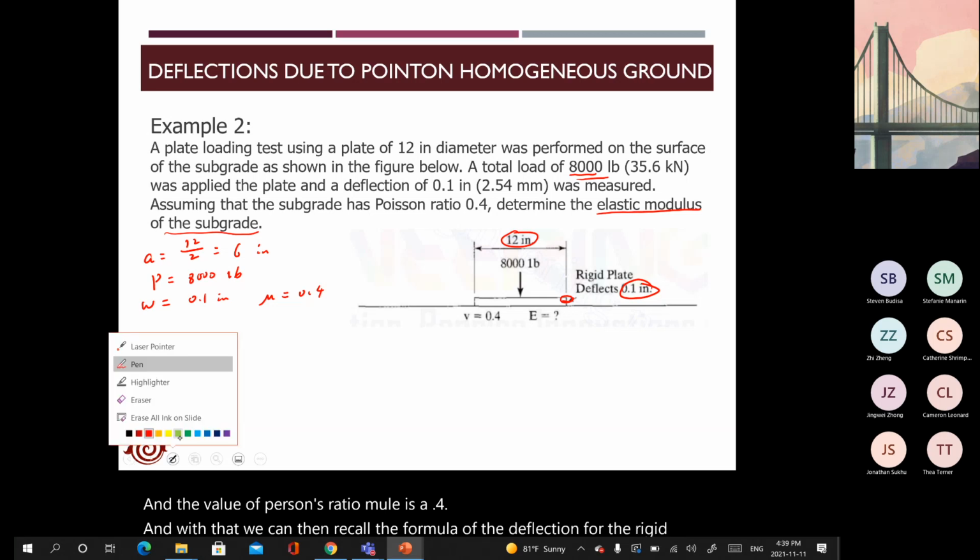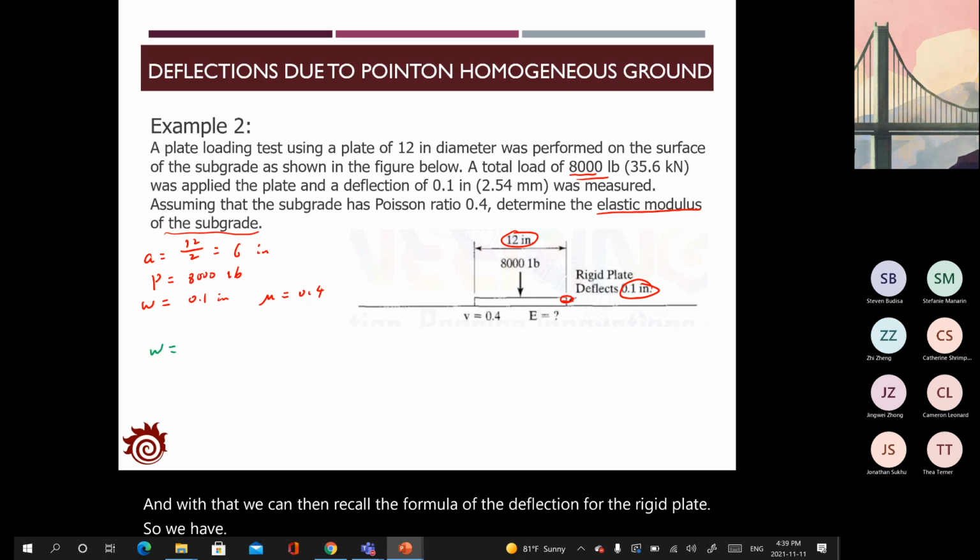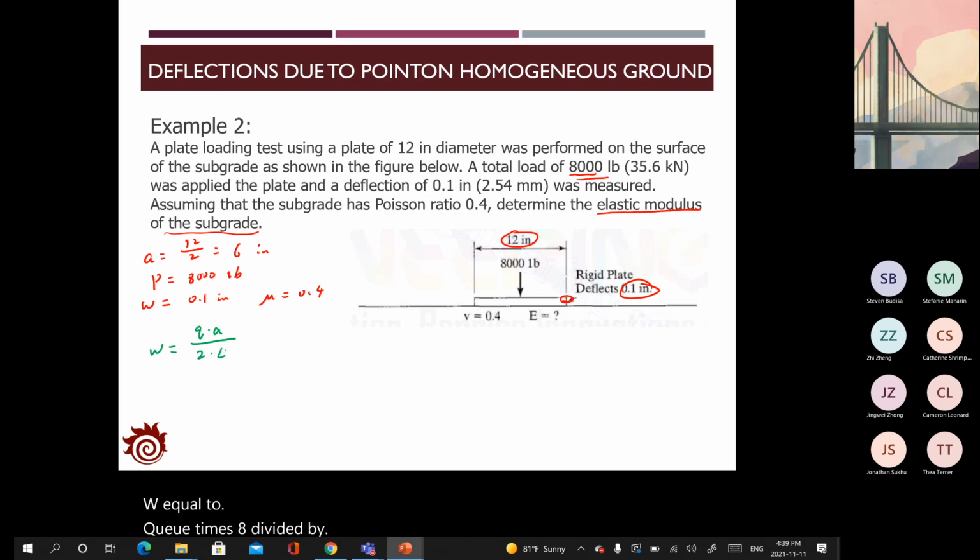So we have W equal to Q times A divided by 2 times E times pi times 1 minus mu square. And here, Q is the contact pressure.